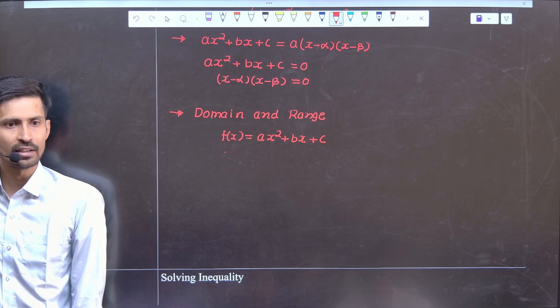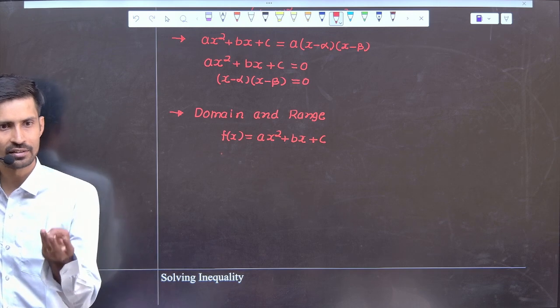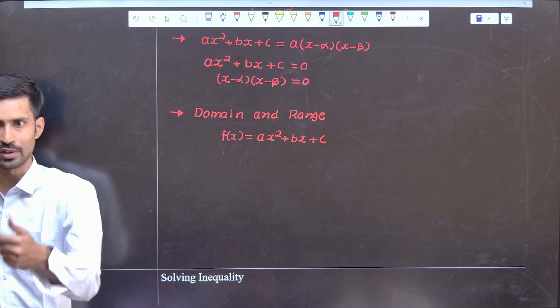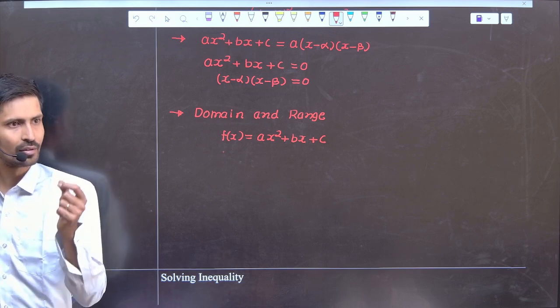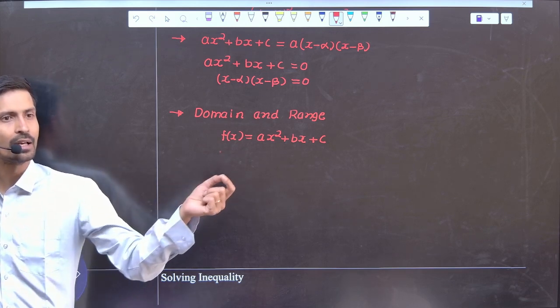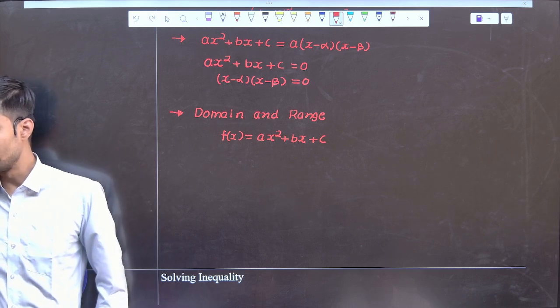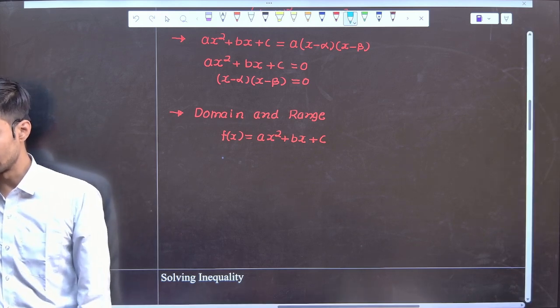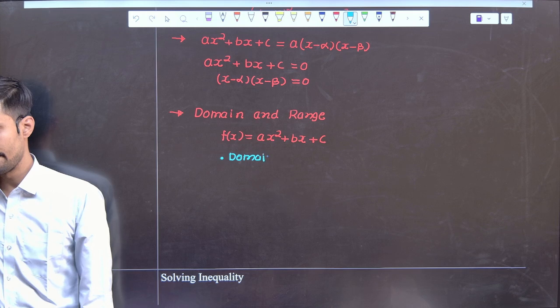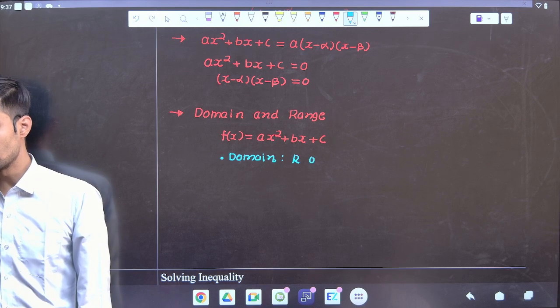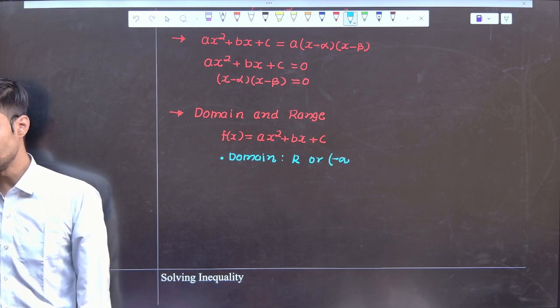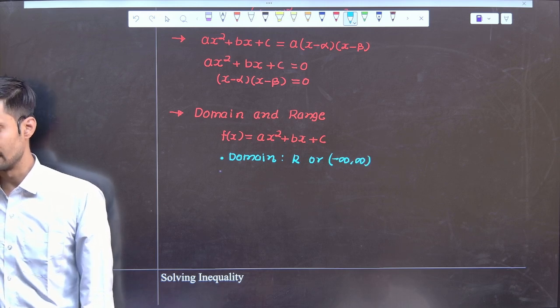In polynomial, domain is always minus infinity to infinity. Any polynomial, linear, quadratic, cubic, you have to remember this point. Domain of polynomial is minus infinity to infinity. That also we say real number. So domain will be minus infinity to infinity, first thing. Domain is R, or also we can say minus infinity to plus infinity.